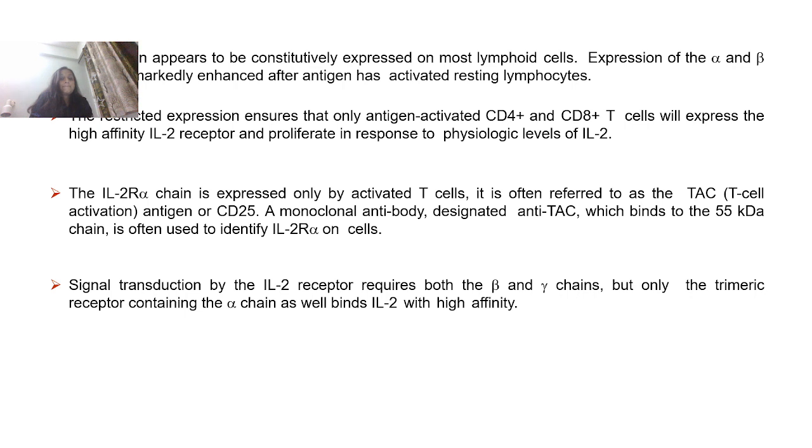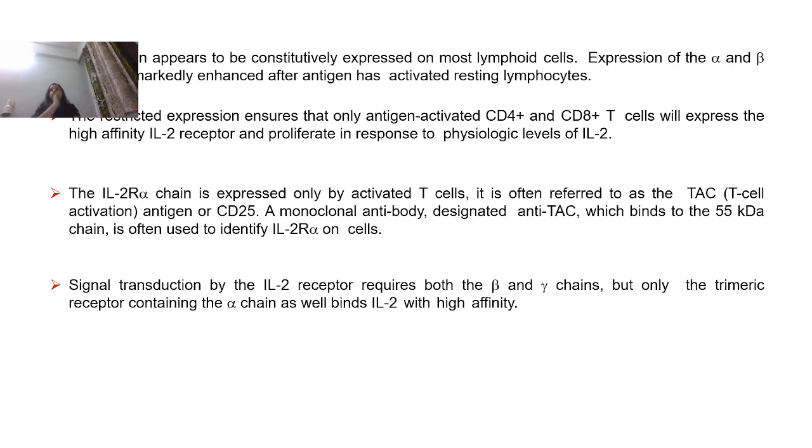This IL-2R alpha chain is expressed only by activated T cells, so it is often referred to as the TAC, or the T cell activation antigen, or CD25. A monoclonal antibody designated anti-TAC, which binds to the 55 kDa chain, is often used to identify IL-2R alpha on cells.